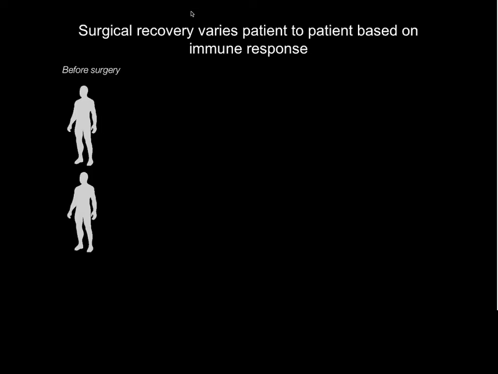This work really started with a question we had: at the beginning of surgery, or pre-surgery rather, there can be two patients who, for all intents and purposes, look identical clinically in the ways that we profile and evaluate patient health. They're indistinguishable. But over the course of the surgery, one patient can go through it fine and recover over the course of a week or two, whereas another patient could have an adverse response and be in bed with complications for months.